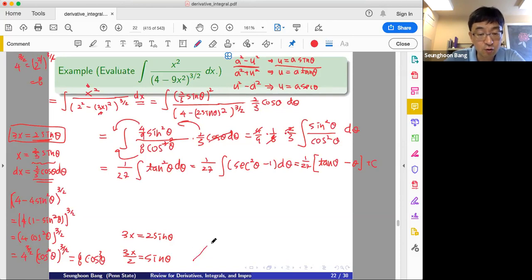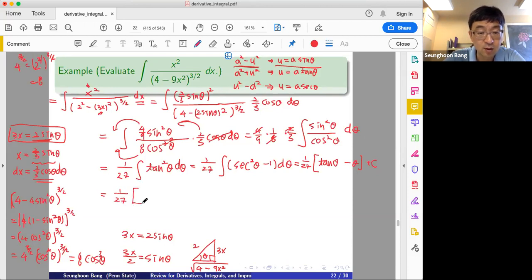You can draw a right triangle. So what is sine theta? The opposite over hypotenuse. You can find the adjacent by using the Pythagorean theorem: 2 squared, which is 4, minus 3x squared, which is 9x squared.